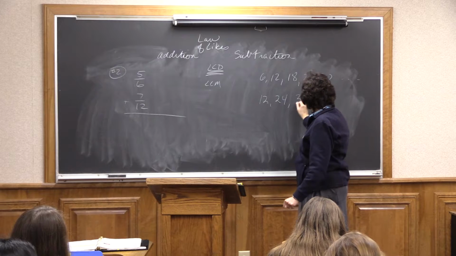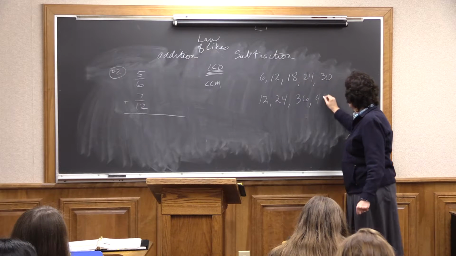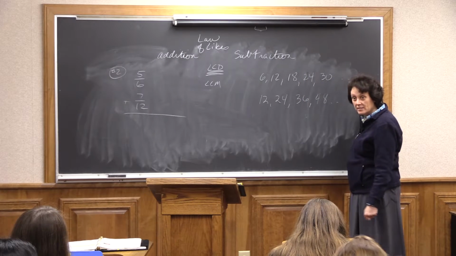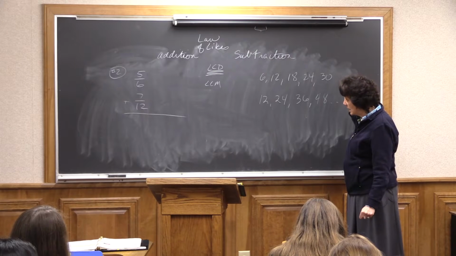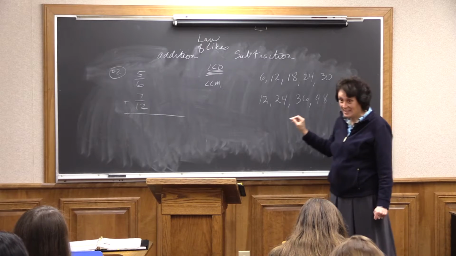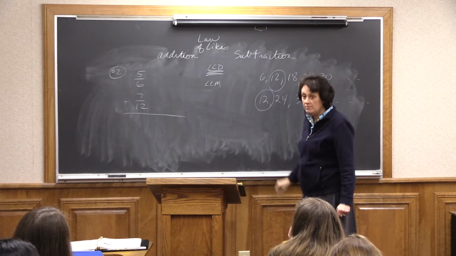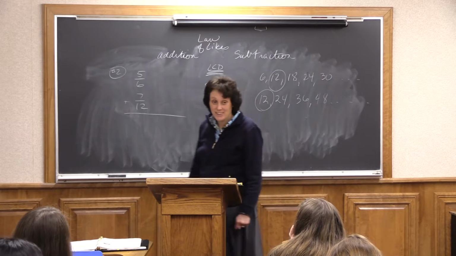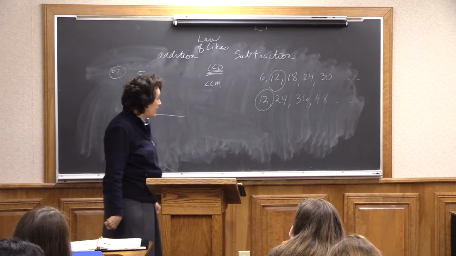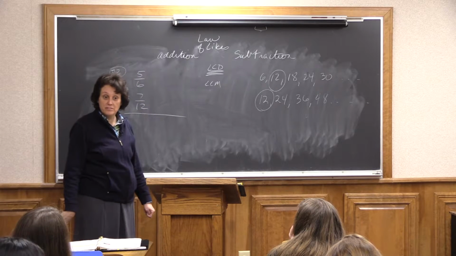Those are multiples. So the least common denominator is literally the least common multiple between the two. So if you're stuck and you can't think of the common denominator, you can write out multiples, can't you?